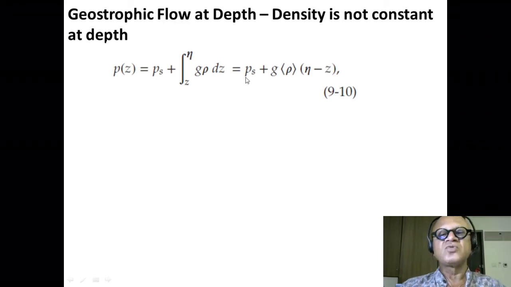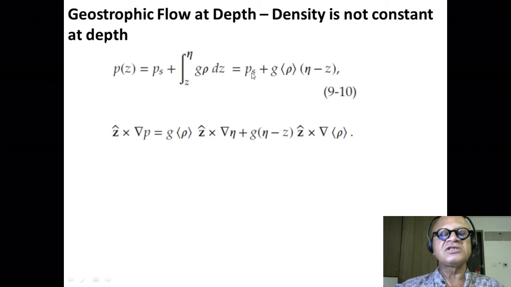We will see that this ends up being two terms when we take the gradient of pressure. If we took z hat cross grad p of this, we end up with g times this average density times z hat cross grad eta, that's the sea level, plus g times (eta minus z) times z hat cross gradient of the density itself.